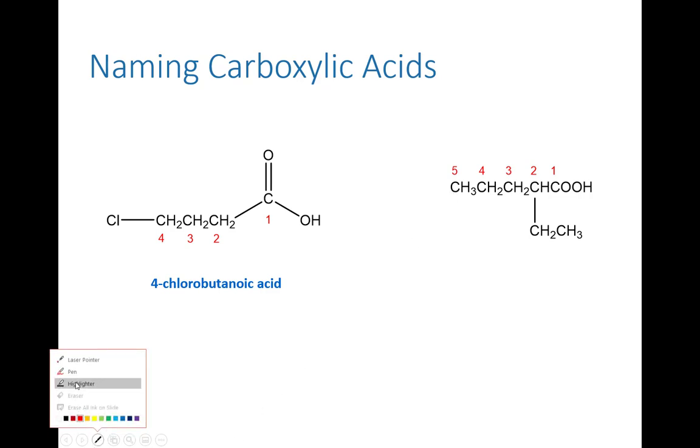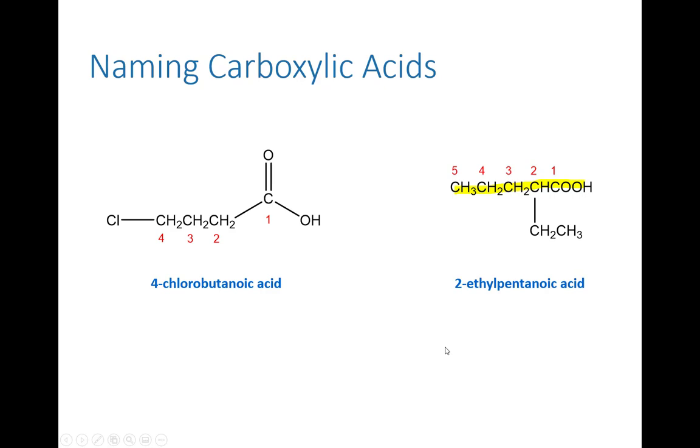And what that's going to mean, of course, so I'm going to go ahead and highlight everything in that chain, is that anything that is attached to it is a substituent and needs to be named as such. So what is that substituent? It's 2 carbons long. We would call that an ethyl group. So the name of this compound is 2-ethyl for the substituent, and then 5 carbons would be pentanoic acid. 2-ethyl pentanoic acid.